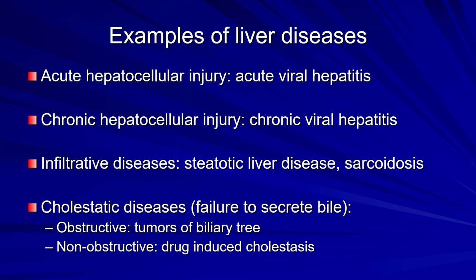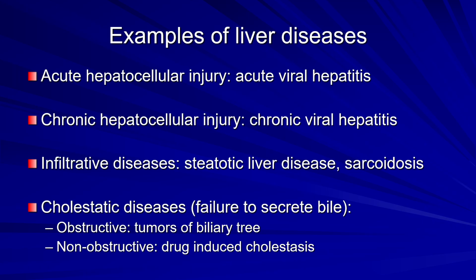We will be covering several types or patterns of liver diseases or liver injury. As we go by, we will cover acute hepatocellular injury as exemplified by acute viral hepatitis. We will also cover chronic hepatocellular injury as exemplified by chronic viral hepatitis.